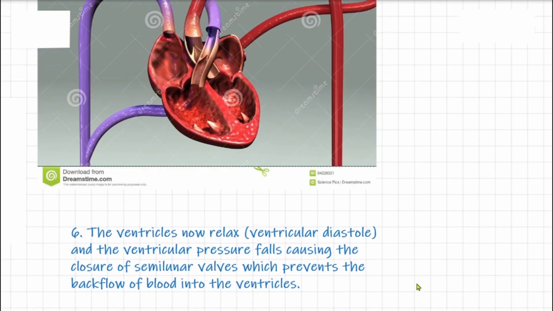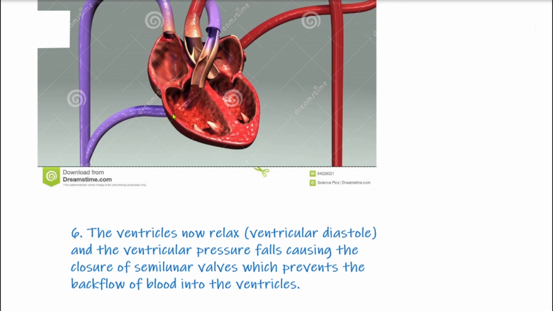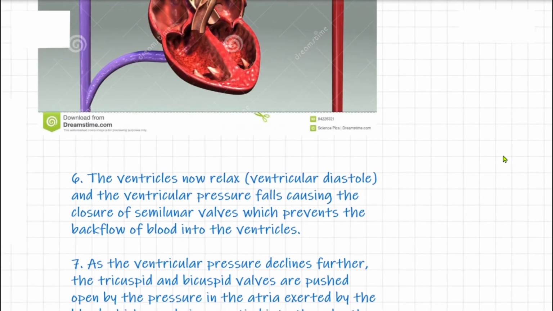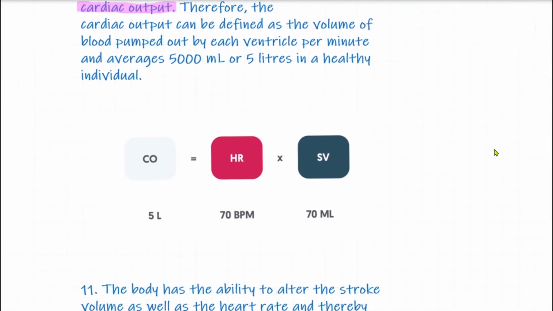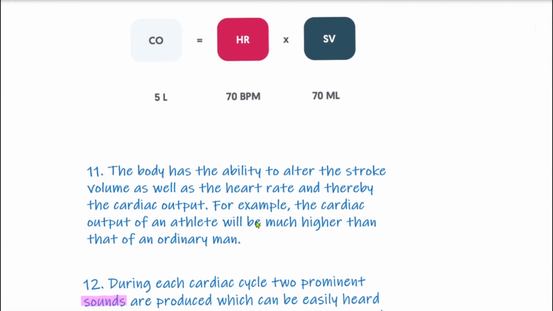Students, in athletes, this cardiac muscle gets more thick, more hypertrophied, because it has to work hard to meet the oxygen and nutrient supply of the body. So the stroke volume in case of athletes is more than the ordinary man. So we say that the cardiac output of an athlete will be much higher than that of an ordinary man.